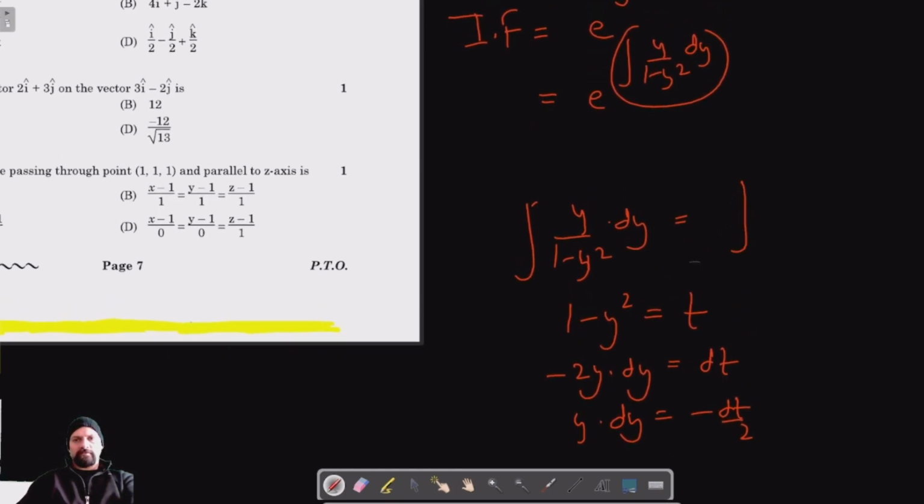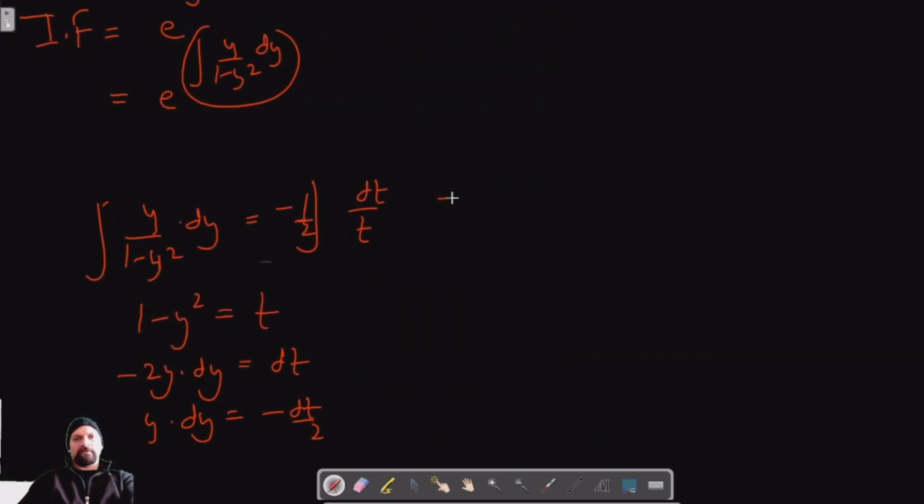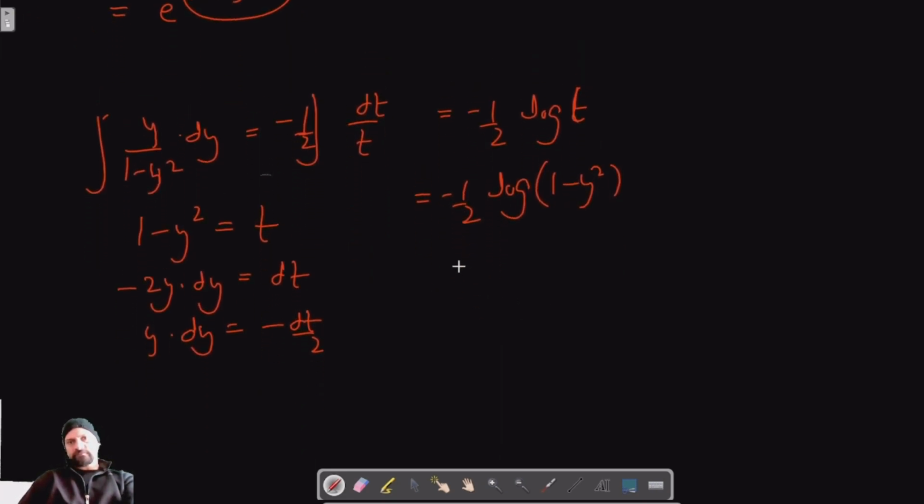So this becomes negative half out, and this is dt by t. So this is minus half log t, and let's put in the value of t. This is negative half log of 1 minus y square, and I can write it as log of 1 minus y square raised to the power negative half.